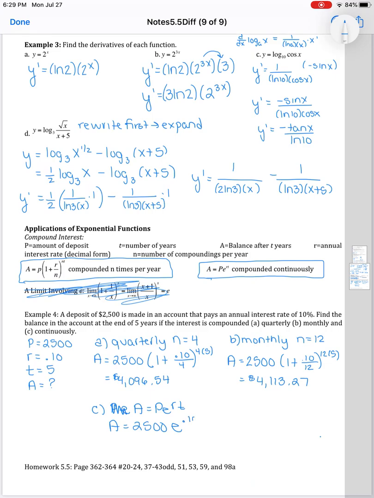Same formula that we just used for A. Everything is staying the same except the 4 is now becoming a 12. And when we do that, we get $4,113.27. And then for continuously, this is where the equation changes.